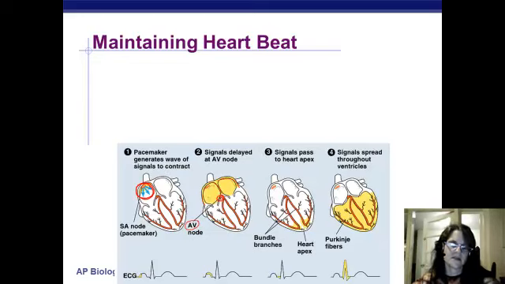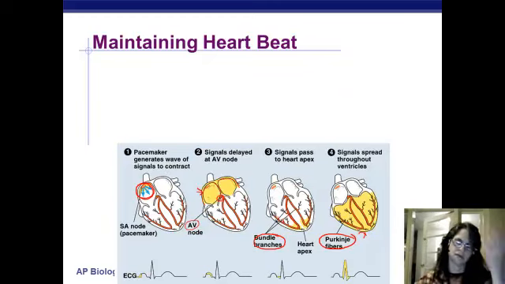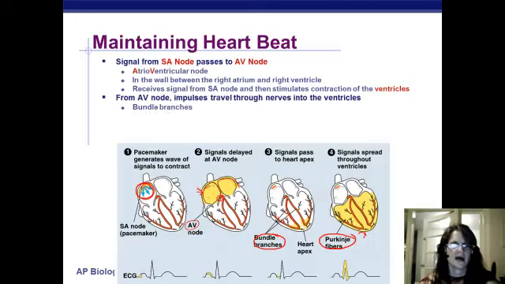This impulse will fire and send the impulse to contract down through some nerve branches called bundle branches, and they will go into still smaller nerve fibers called Purkinje fibers, causing a unified contraction, first of the atrial chambers, then of the ventricle chambers. So the SA node sends to the AV, sends to the bundle branches, sends to the Purkinje, and we get the unification of the atrium, unification of the ventricles. Okay.